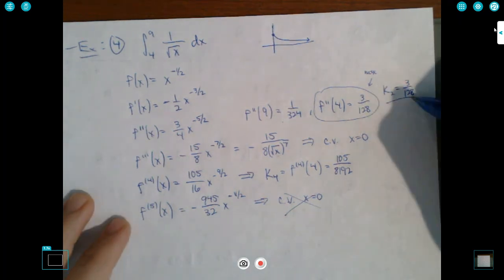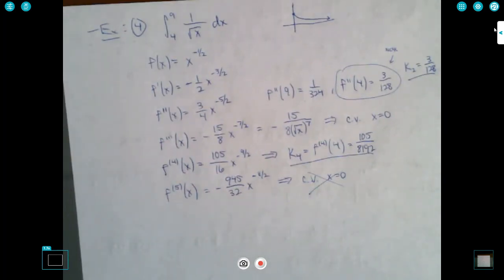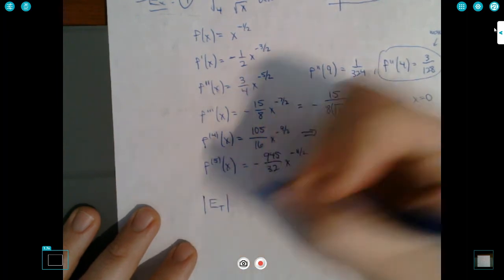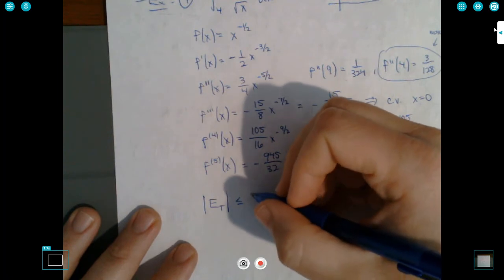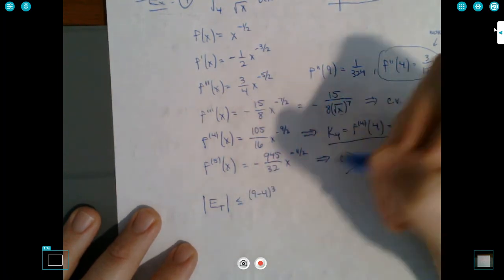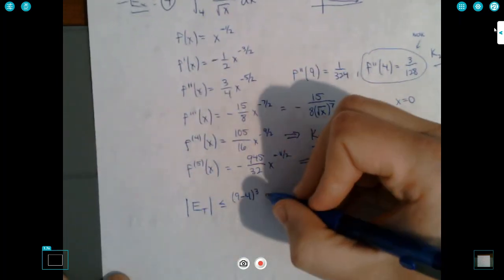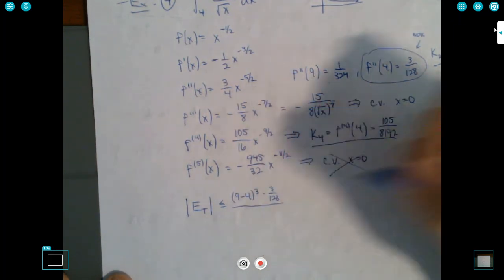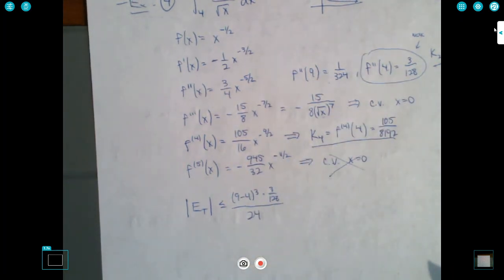Okay, so I've got K2 and I've got K4, so I can calculate my errors now. So the absolute error for the trapezoidal rule is less than or equal to (b minus a) cubed, so that's (9 minus 4) cubed, times K2, that's 3 over 128, divided by 24 times n squared.